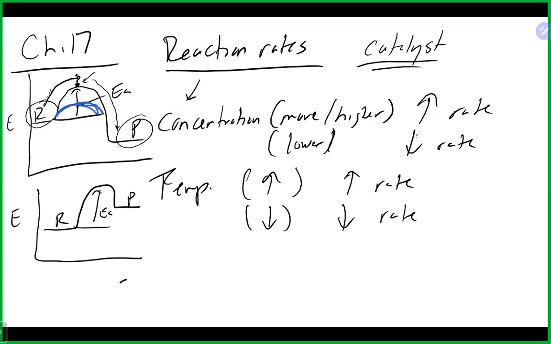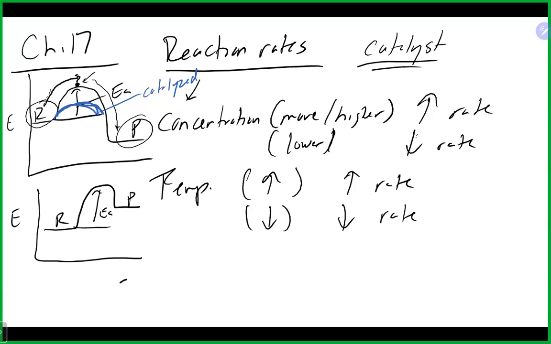So if this blue is the catalyzed one, there is less of an energy barrier now for reactants to get to the other side. So there's going to be more reactants able to get to the other side a lot easier. And that's going to result in a faster reaction rate in most cases.